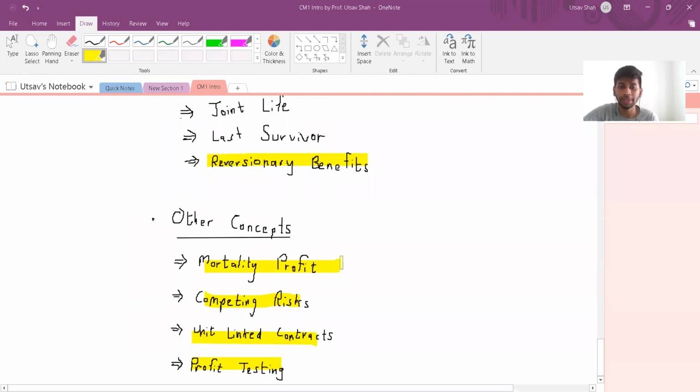The basic idea is they are based on insurance companies, and they help you determine the profits, how to go about charging your premiums, making your reserves, and how life insurance companies do business. These are really interesting topics, and you will have a lot of fun doing these with me. So let's do it.